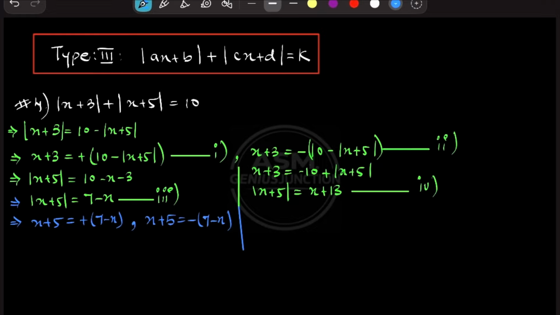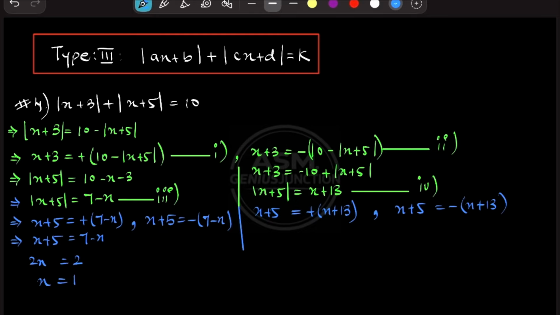On the other part, x plus 5 equals plus x plus 13, or x plus 5 equals minus x plus 13. Now when we solve these two equations, x plus 5 equals 7 minus x gives you 2x equals 2, that is x equals 1.